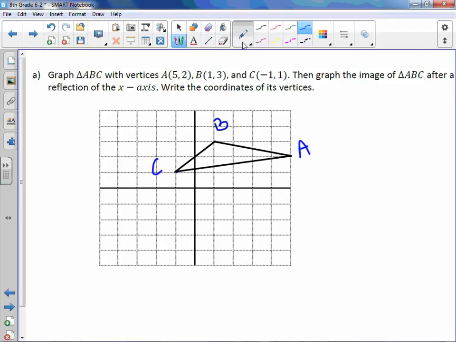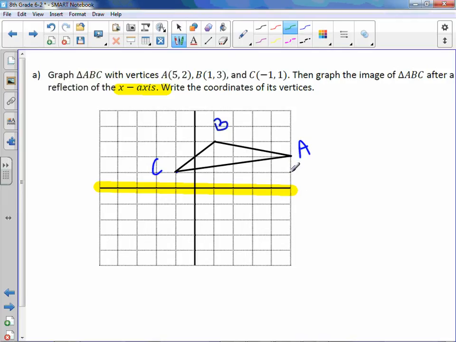Now we are reflecting it in the x-axis. So this is our reflection line. This is our x-axis. So really, what we want to do here is go from each point to that axis that we're reflecting over and count how many spots away. So for example, A, I'm going towards the x-axis.